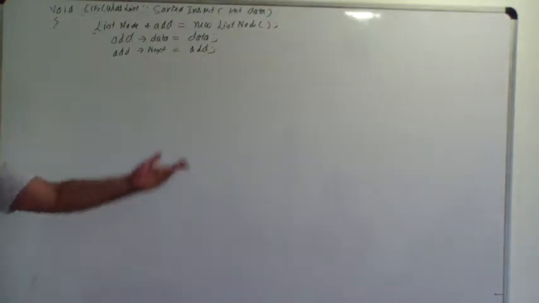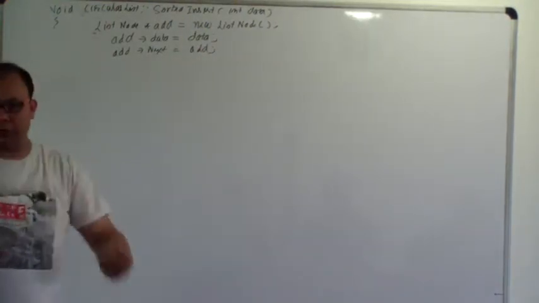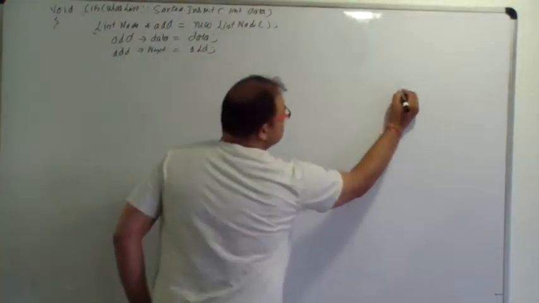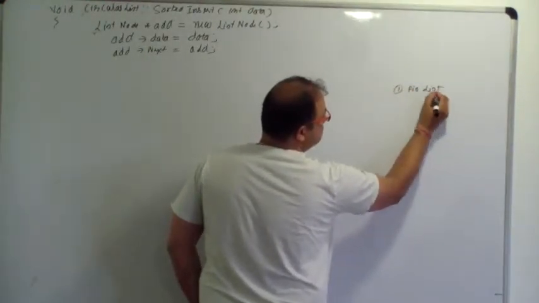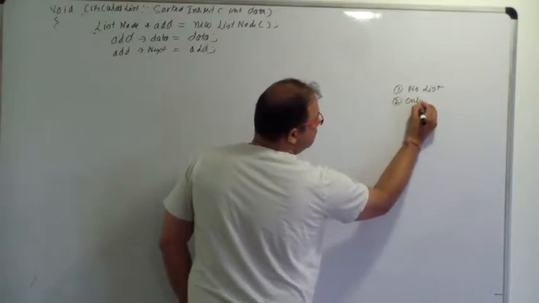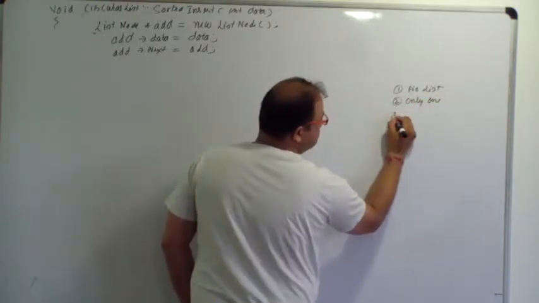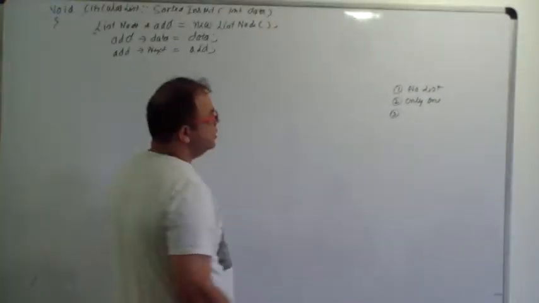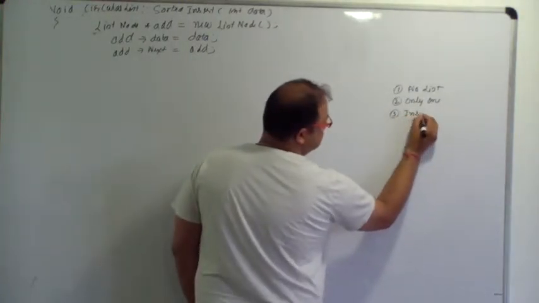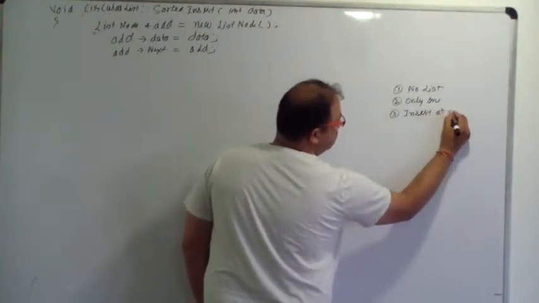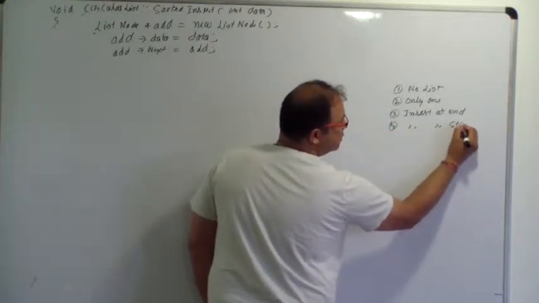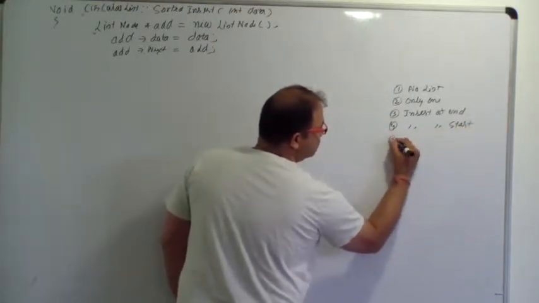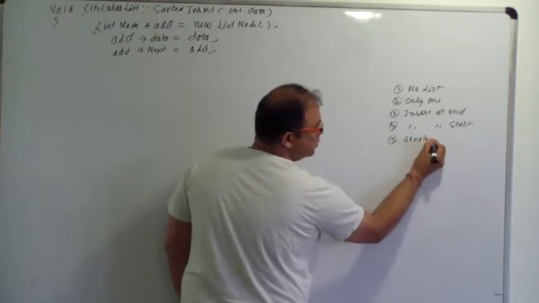So we created a node and pointed it back to itself. The conditions were: no list, only one node, third is insert at end, fourth is insert at start, and fifth is the general condition.